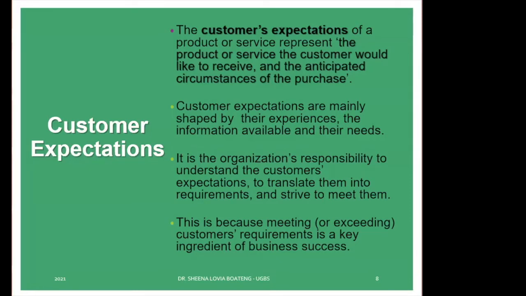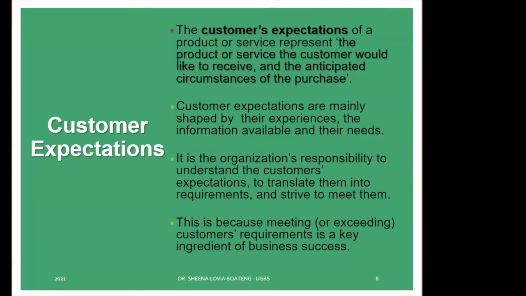Customer expectations of a product or service emanate directly from the need that the customer has and the experiences that they have had. We established that the need tells us about a problem that we have to solve. An experience tells us about potential products or services that can solve that problem.